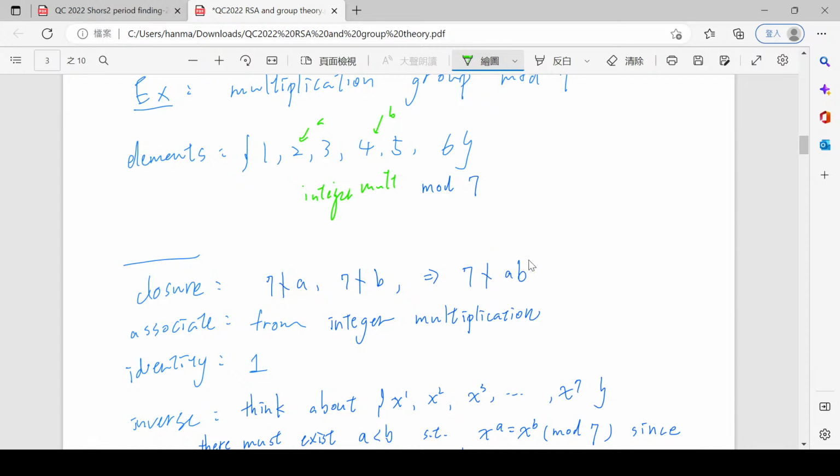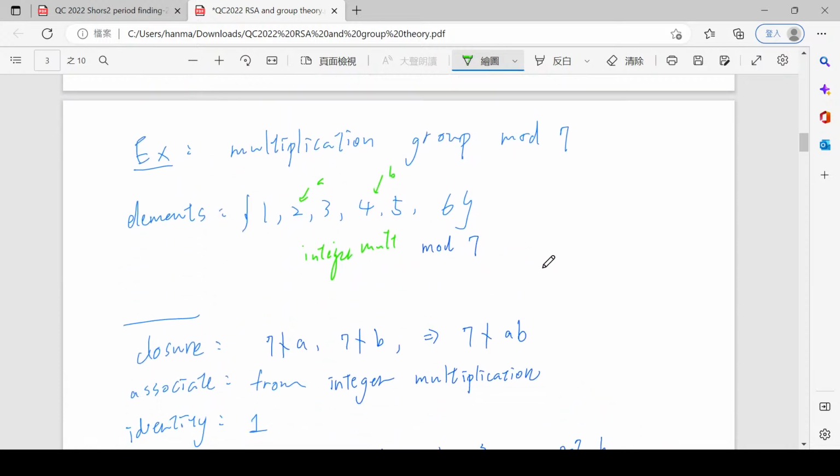This is, I think, called the fundamental theorem of arithmetic. But anyway, by elementary school math, we know that if A doesn't contain a factor of 7 and B doesn't contain a factor of 7, then A times B doesn't contain a factor of 7, so we know A times B mod 7 must be one of those 6 things. We may not know what it is, but it's not 0.